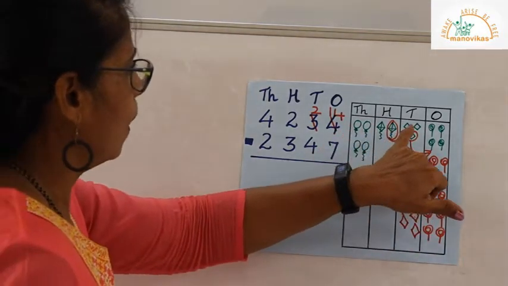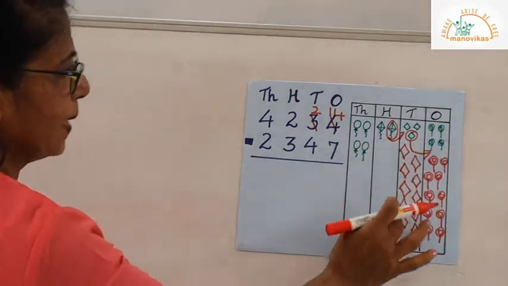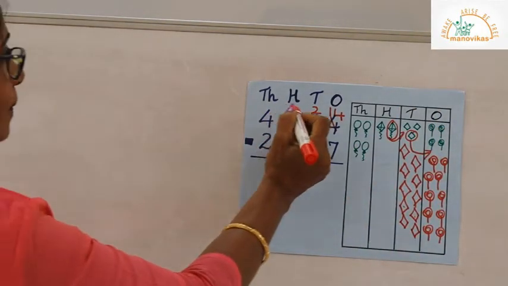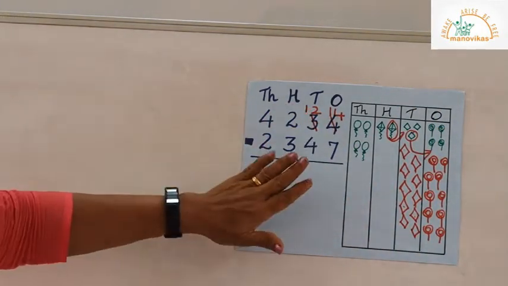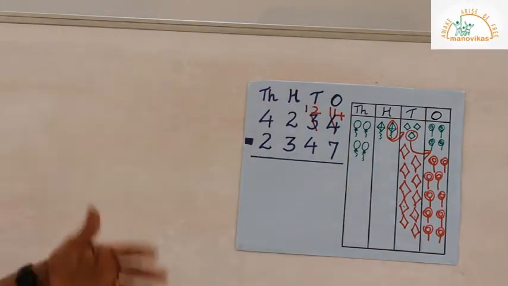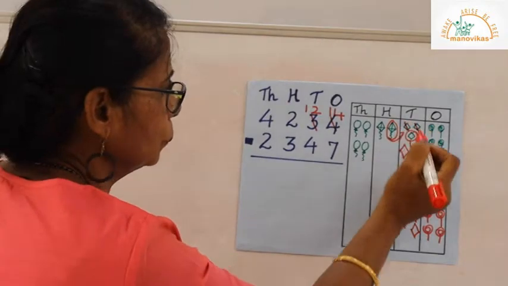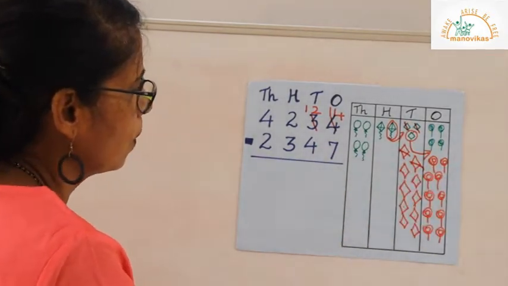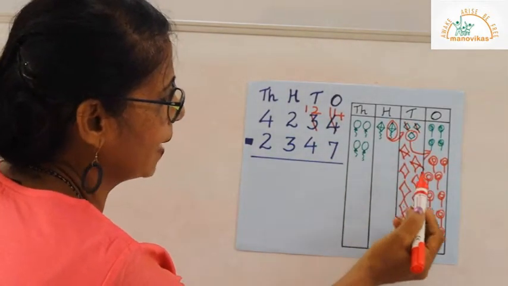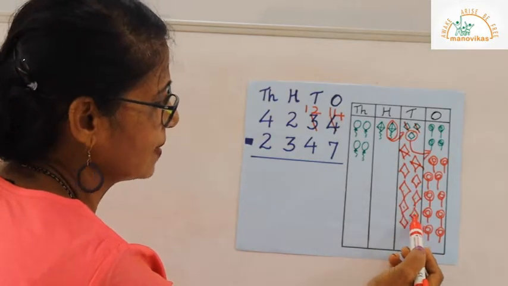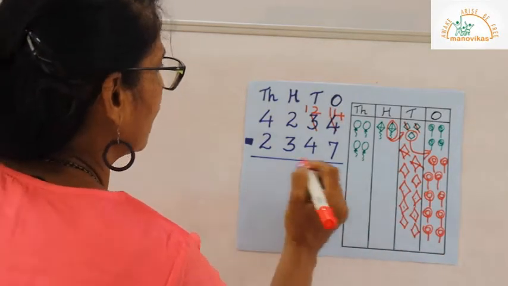We have already 2. So 2 plus 10 makes 12. Now we need to subtract 4 from 12. So let's subtract 1, 2, 3, 4. What's remaining is 1, 2, 3, 4, 5, 6, 7, 8.